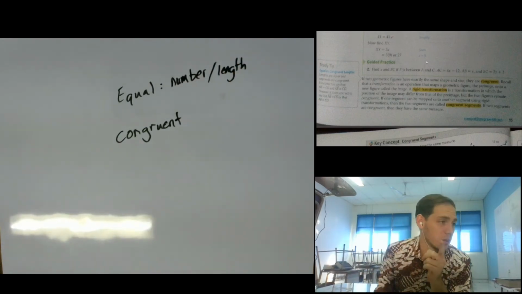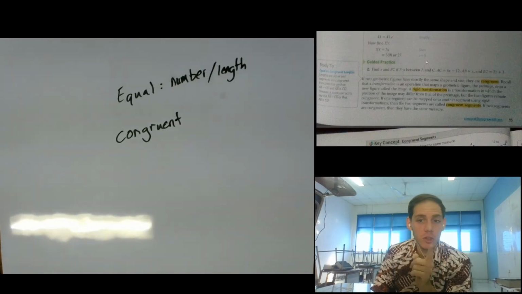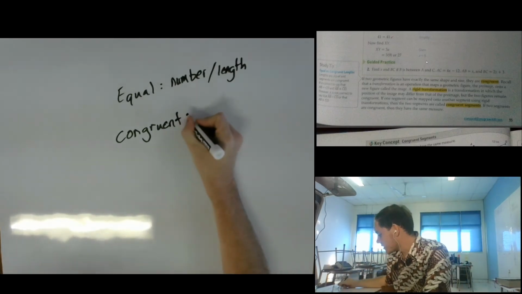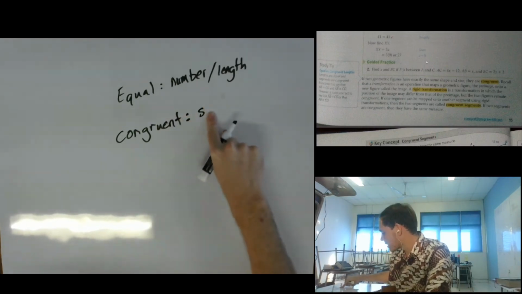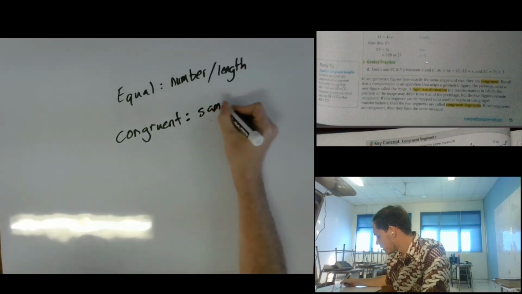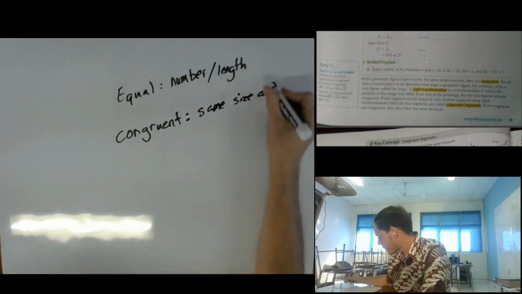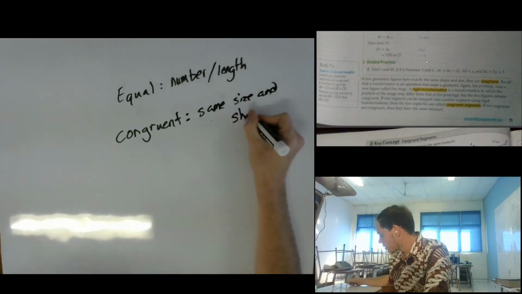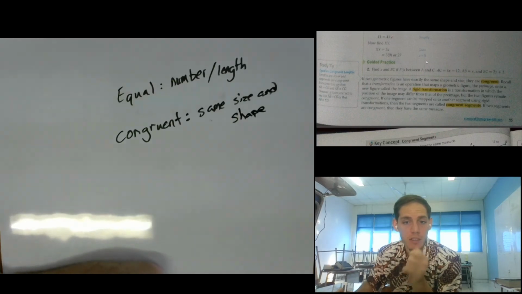Two numbers are equal, two numbers are not congruent. Congruent implies the same size and shape. So equal does not require the same shape.